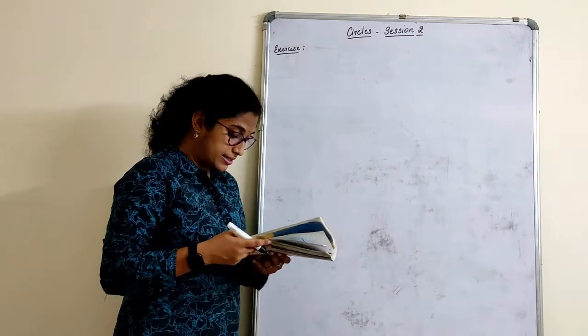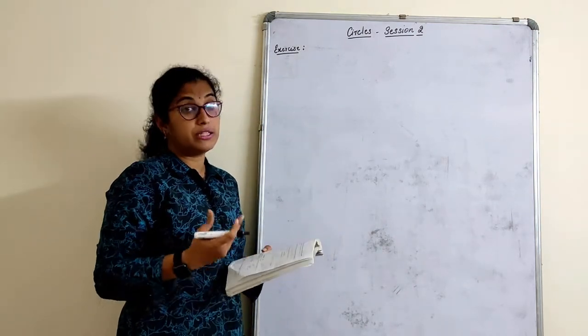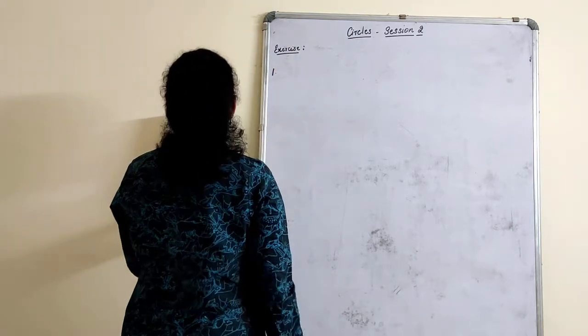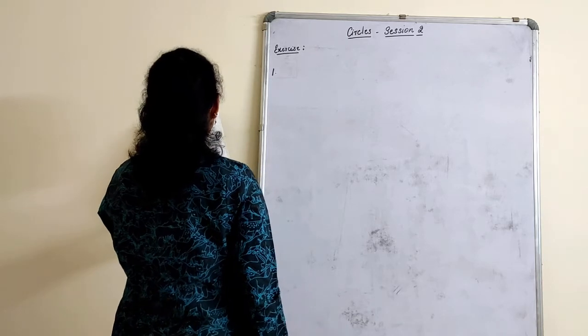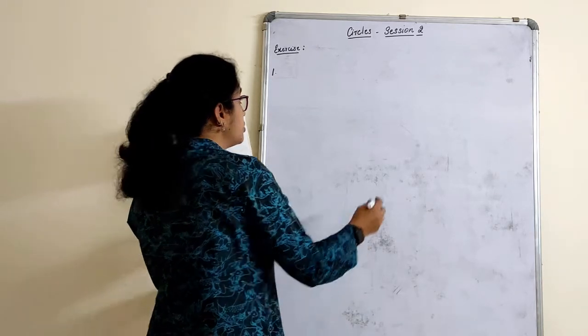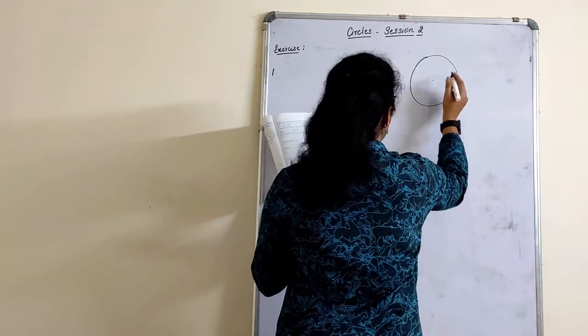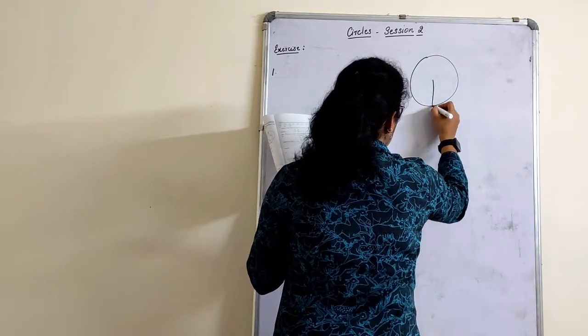In the exercise, the first 3 questions are MCQs, but we still have to solve and check for the answers. First one: from the point Q, the length of a tangent to a circle is 24 centimeter. O is the center of the circle. This is perpendicular.